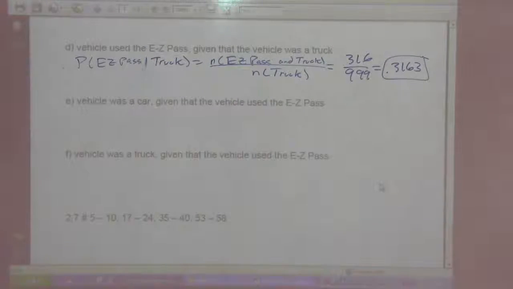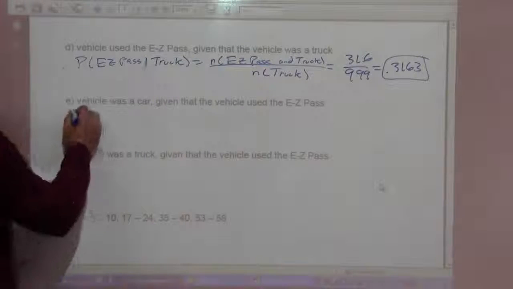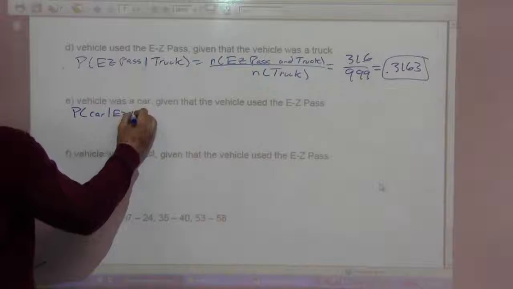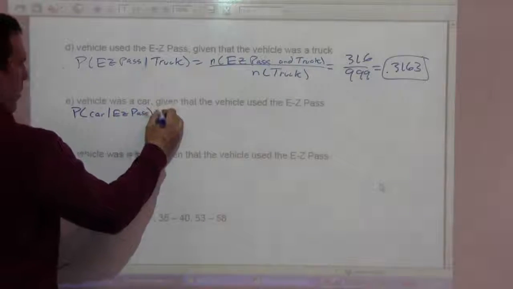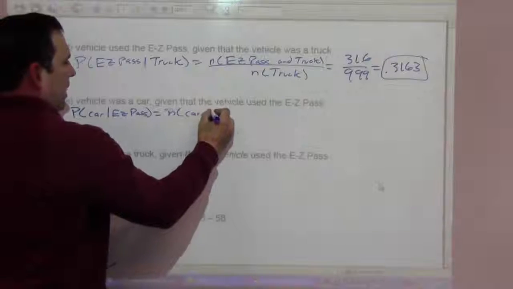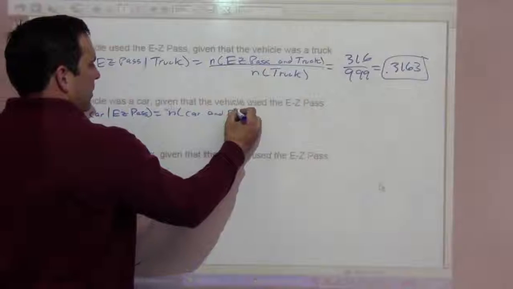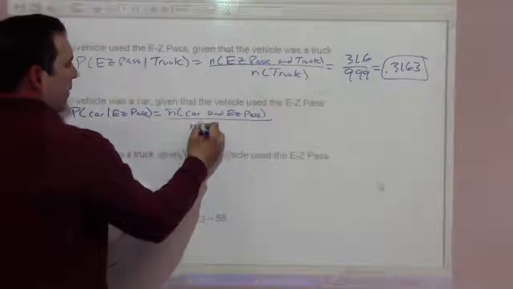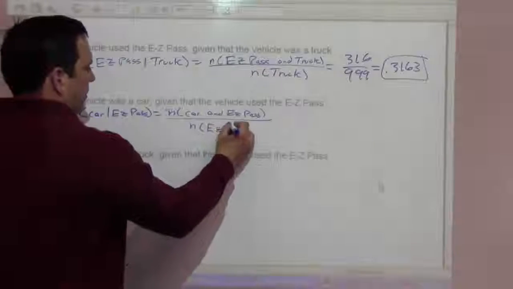Now, what's the probability the vehicle was a car given that it used Easy Pass? It's the number of cars and Easy Pass, this time divided by the number of Easy Pass users.